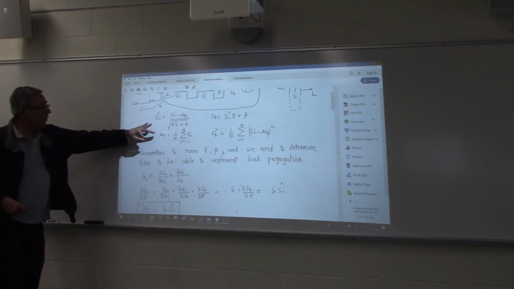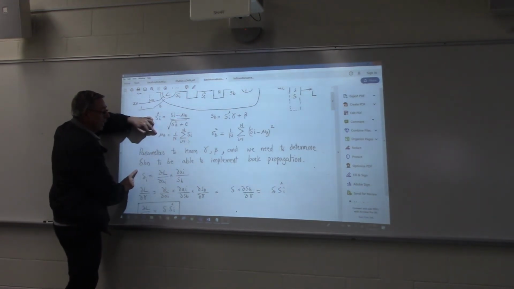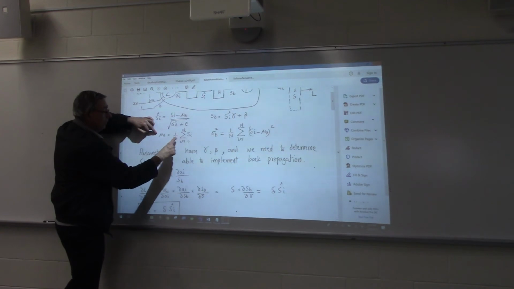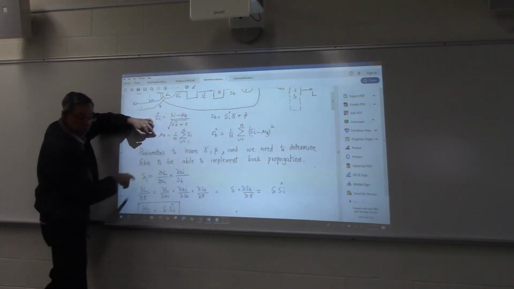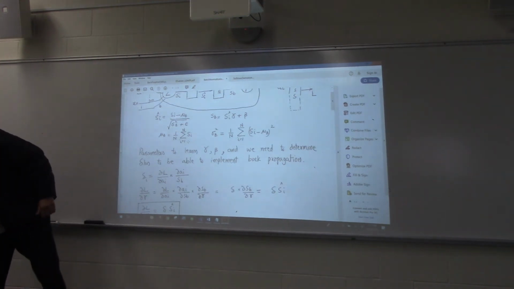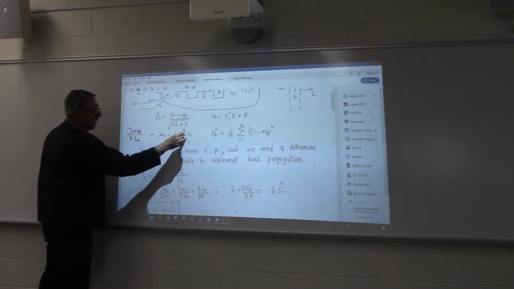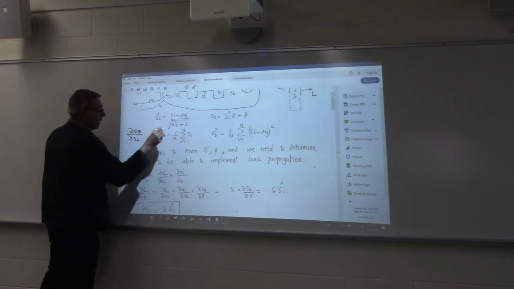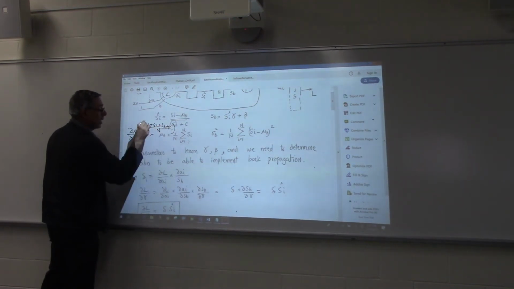So what will be partial mu B over partial SI? 1 over n. The reason is, think of it this way. Pick one example. Suppose we were doing partial mu B over partial S2. If I expanded this out, wouldn't this be S1 plus S2 plus S3 plus whatever, divided by n?